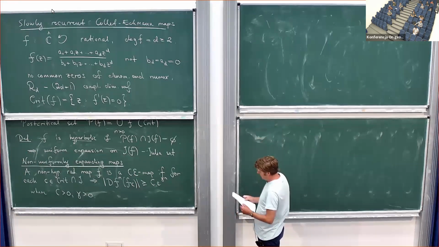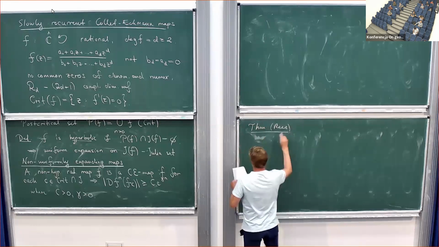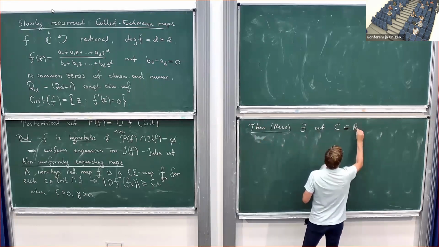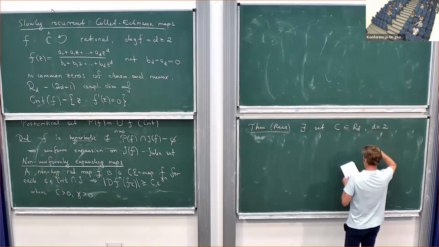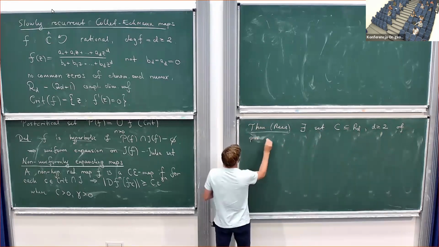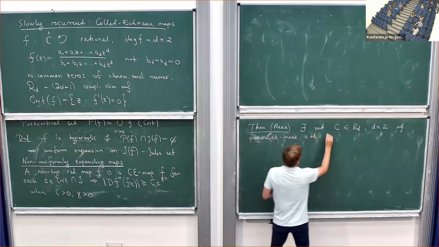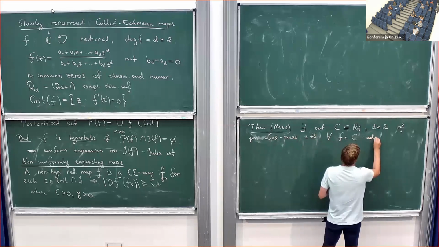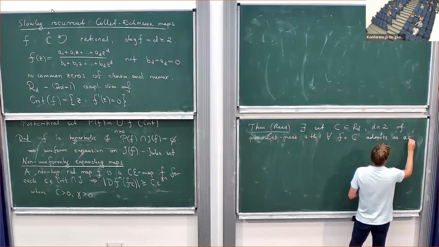But anyway, there is an old theorem by Rees: there exists a set C in this space of rational functions of degree d at least 2, of positive Lebesgue measure, such that any F in this set has an absolutely continuous invariant measure.